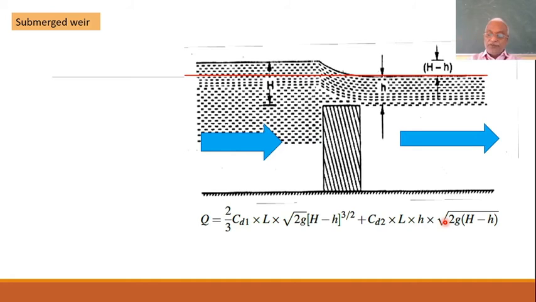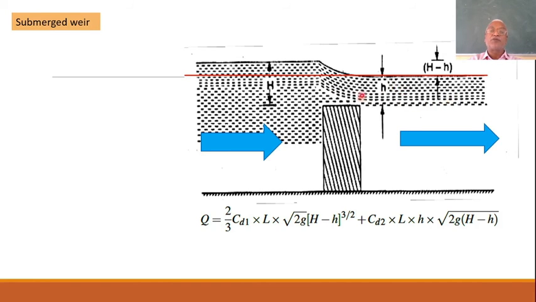Okay, submerged weir. What is a submerged weir? If you observe here, there is a weir wall, the discharge is coming here, and the head over the crest is capital H. But here on the downstream side, it is not falling off. The water on the other side is adding up, and because of that, it has also risen above the crest partially, and the flow is occurring.